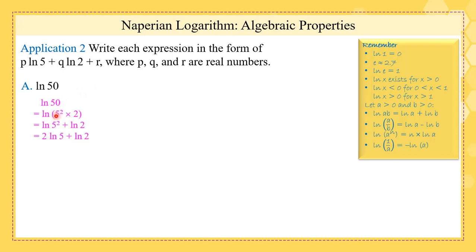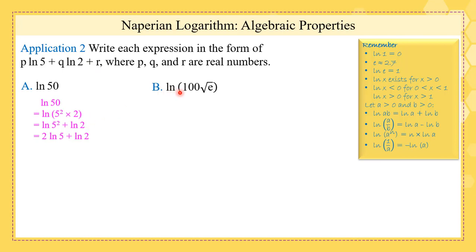So 50 could be written as 5 squared times 2, and this is ln of 5 squared times 2, which is ln of 5 squared plus ln 2. And here we get rid of the exponent, we put it outside, this becomes 2 ln 5 plus ln 2. So this is of the form p ln 5 plus q ln 2 plus r, where r is 0.